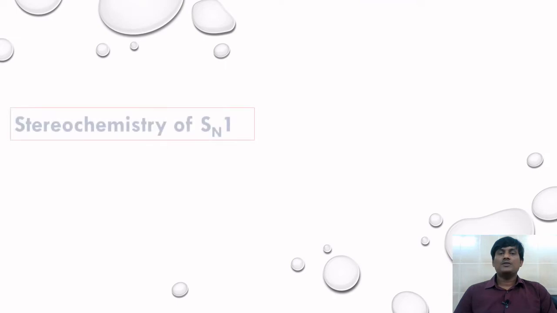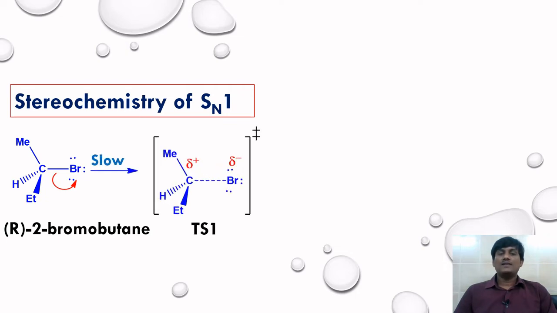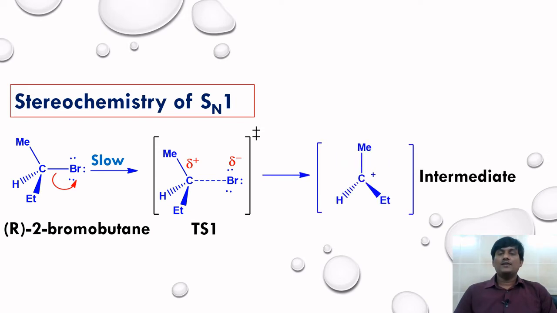Let's take the stereochemistry of SN1. In this case, first there is a leaving of halogen from the reaction center, and there is a formation of transition state 1. In this state you have a partial bond between carbon and bromine, and this one completely dissociates into the intermediate, that is the carbocation. This carbocation will be attacked by the OH minus from the front side and also the back side.